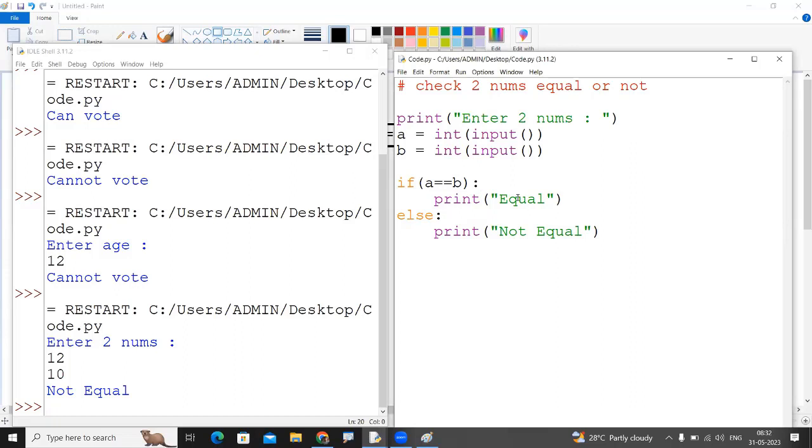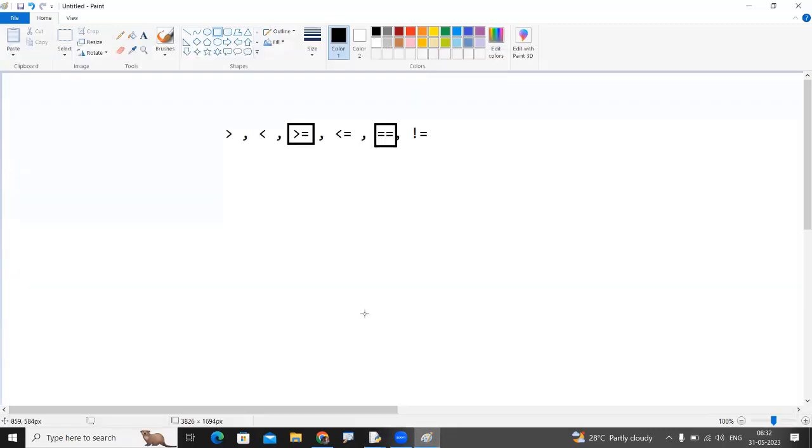Okay, now I'm just checking whether a number is divisible by 3 or not.